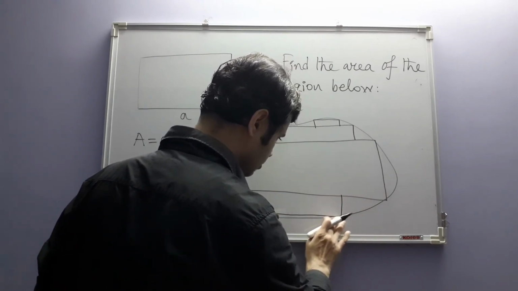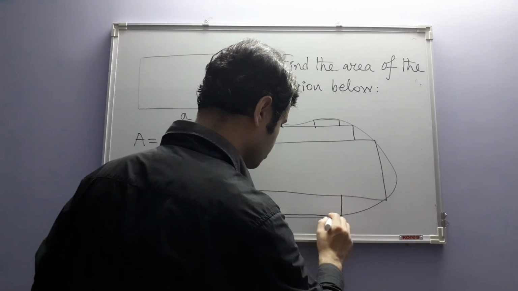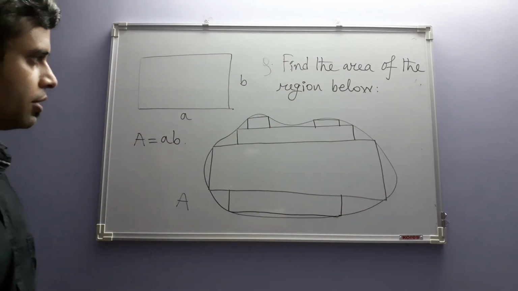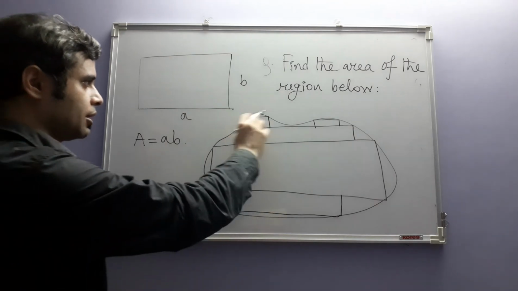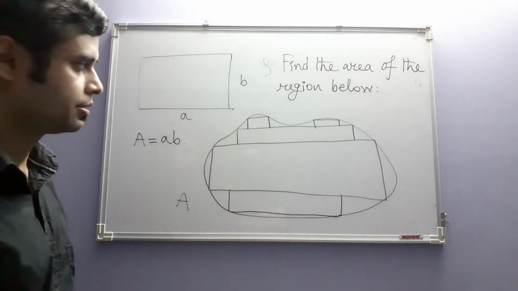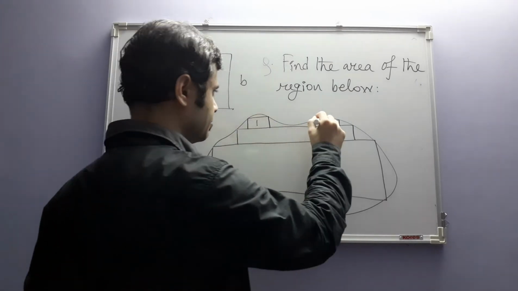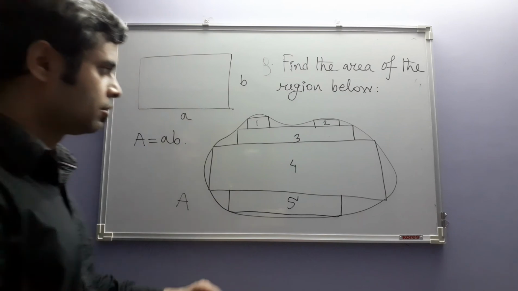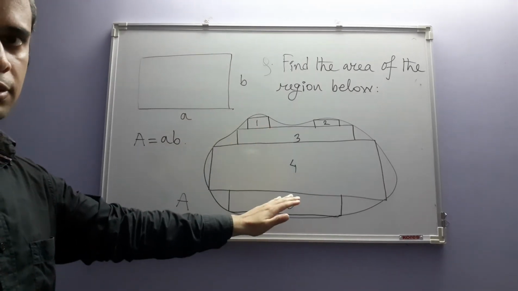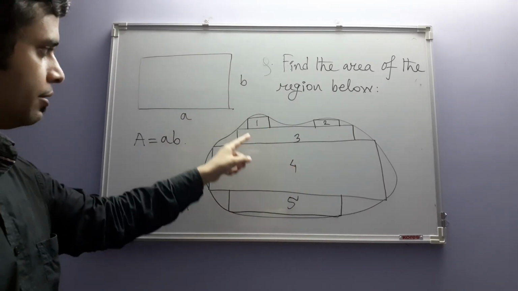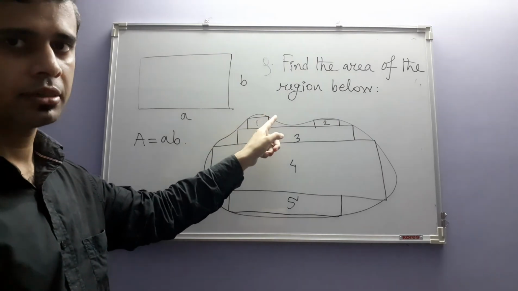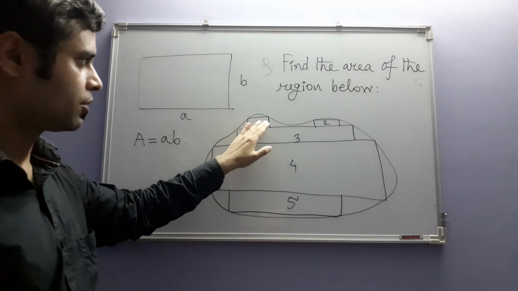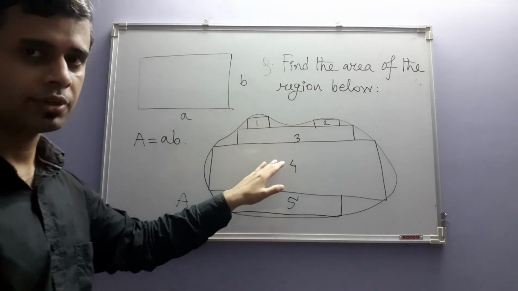This of course does not go out. It's not supposed to go out. You get the point. Now here we have got 1, 2, 3, 4, 5 rectangles. So let me number them. 1, 2, 3, 4, 5. For each of these rectangles, we can clearly find the area. Take the length, take the breadth, multiply them together, and the product is the area.